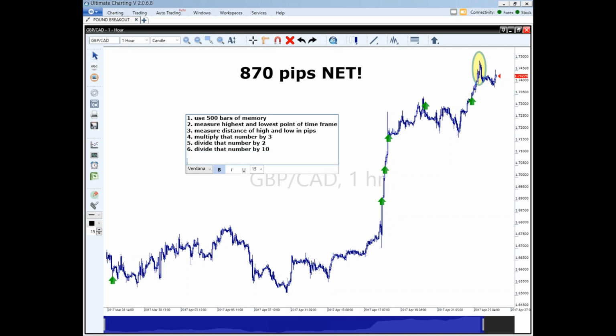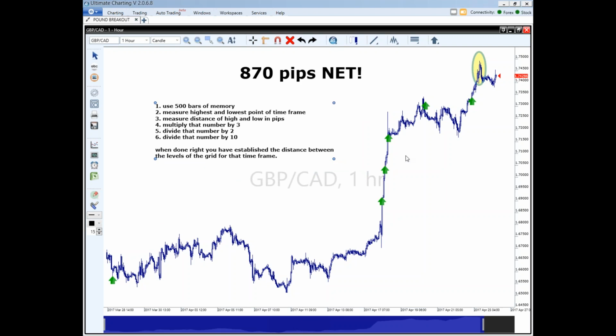So essentially, when you do this formula, when done right, you have established the distance between the levels of the grid for that time frame. Type in a yes if this makes sense so far.